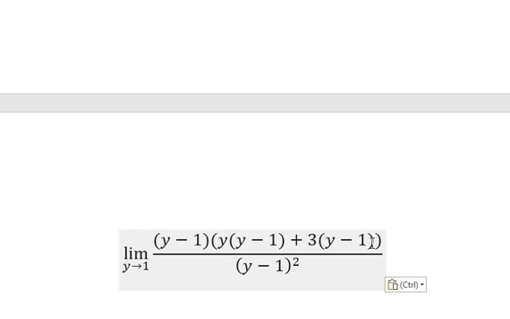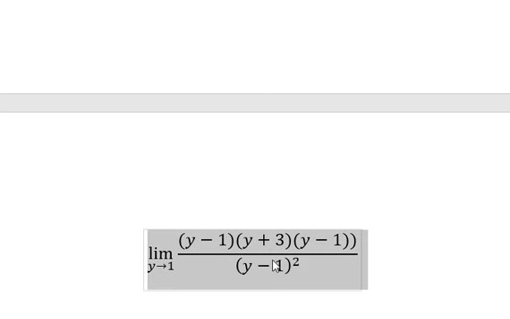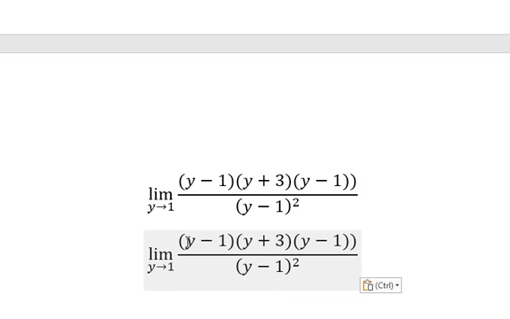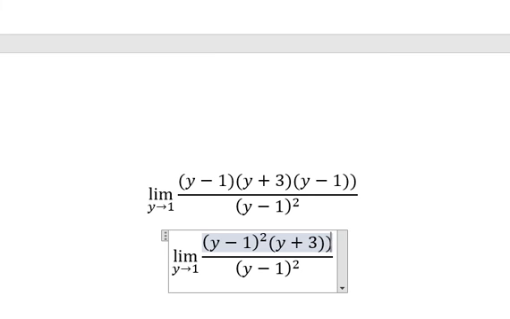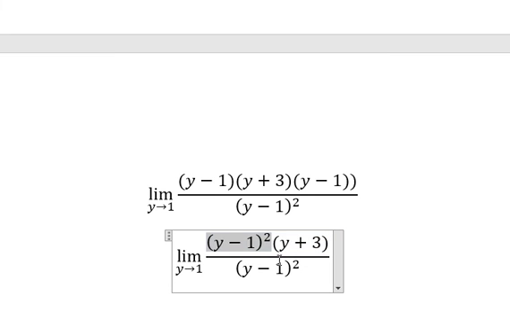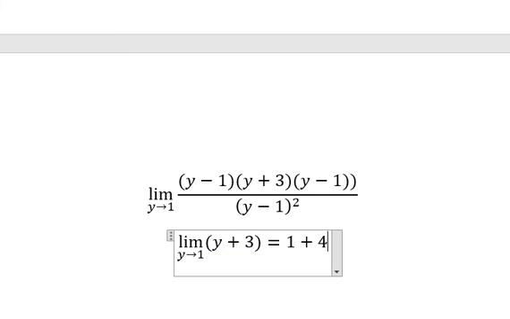So y minus 1 we can do another factorization. So y minus 1 we have the power 2. After that, this one is simplified by this one. And now we have the final answer.